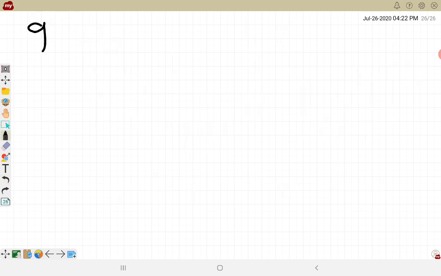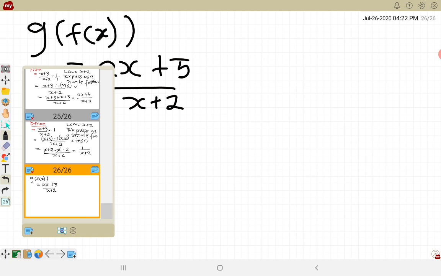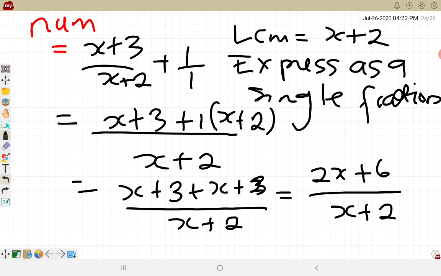So we have g of f of x equal to the numerator being 2x plus 5 over x plus 2. The numerator here, 1 times 2 is 2, this is 2, so this is 5.